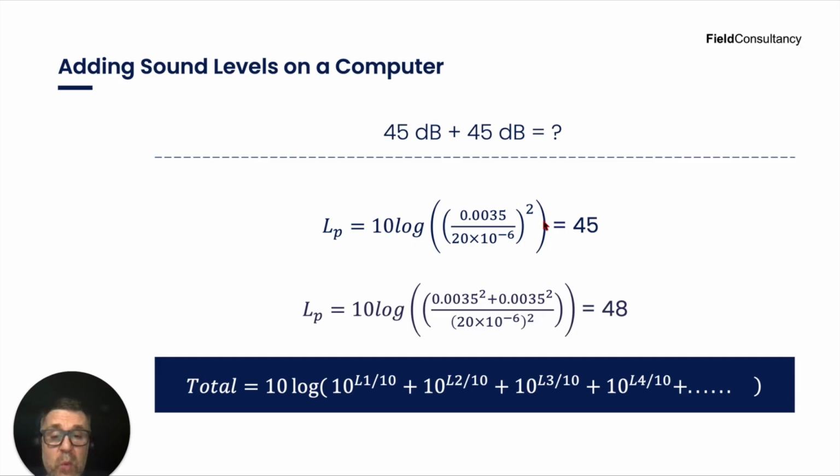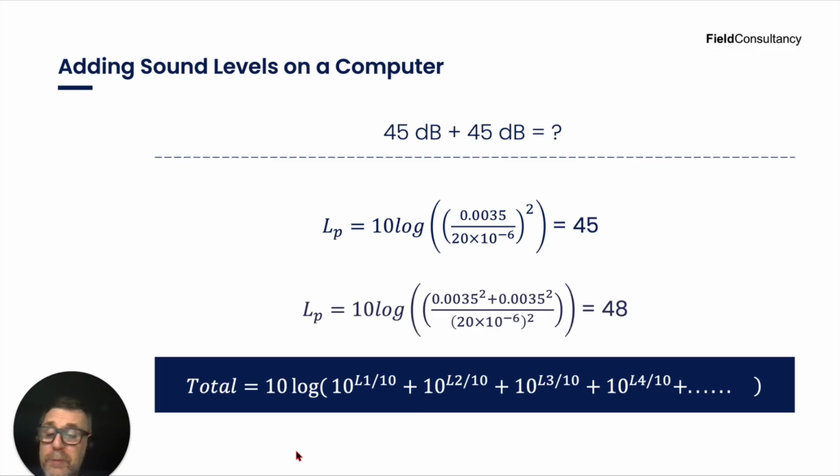You would then square it, then do 10 log of that calculation, and it would be 45 dB. So for two sound sources, each of 45 decibels, you would have two sound pressures of 0.0035 squared, added together, divided by that 20 micropascal squared, and the result is actually 48 decibels.